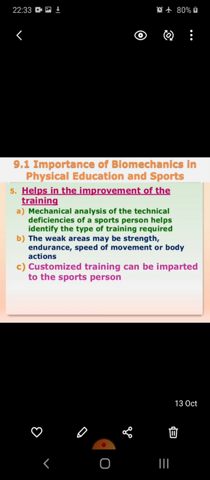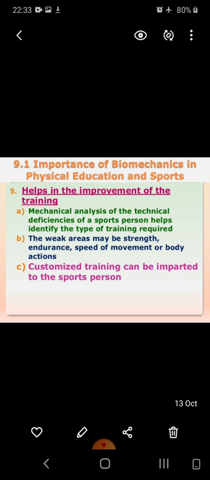A proper mechanical analysis of the technical differences of sportspersons can help a physical education teacher in identifying the types of training a sportsperson requires in improving sports performance. The sportsperson may be limited by the strength and or endurance of certain muscle groups, by speed of movement, or by any specific aspect of his skill. So, once the teacher learns about the limitations, training can be imparted accordingly.